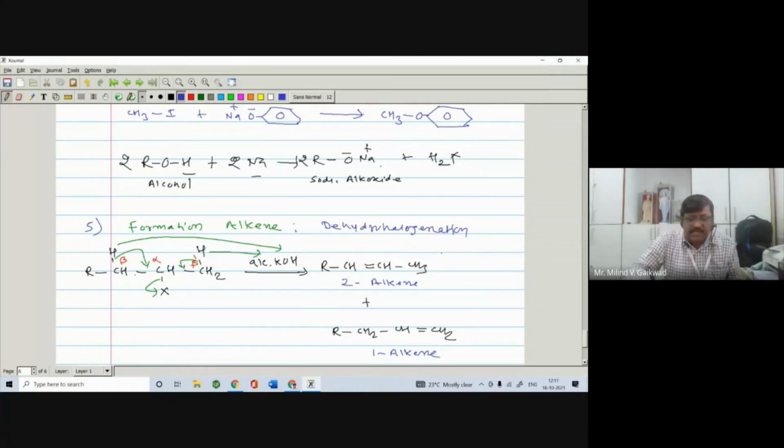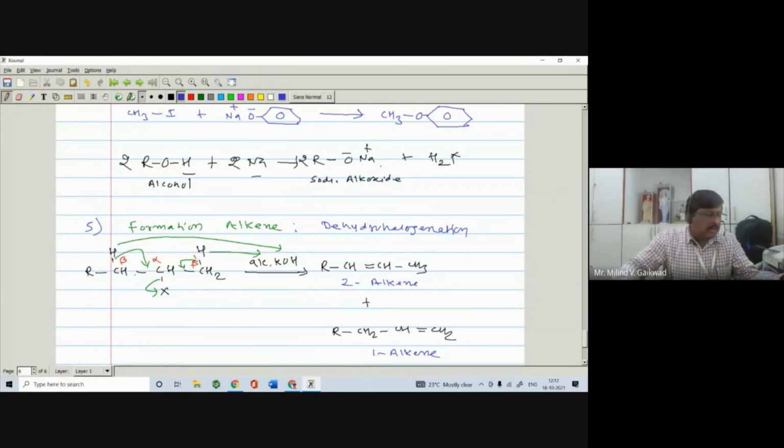Here we have taken the alkyl halide and we have seen that there is a formation of the corresponding product.